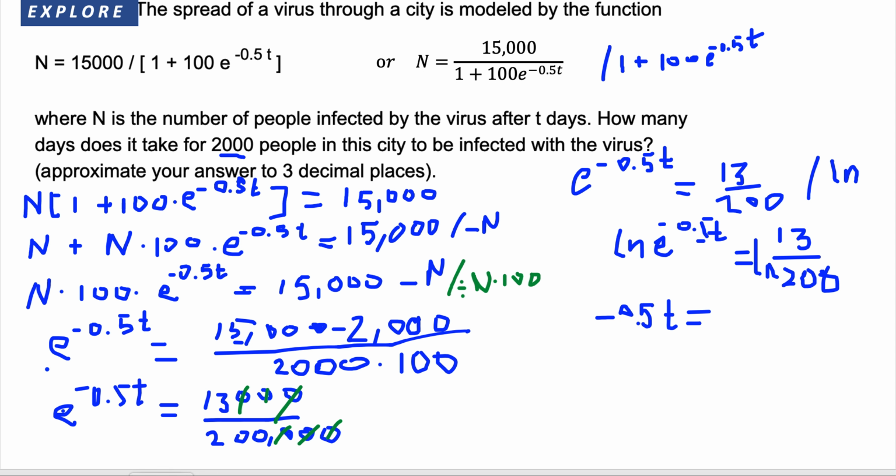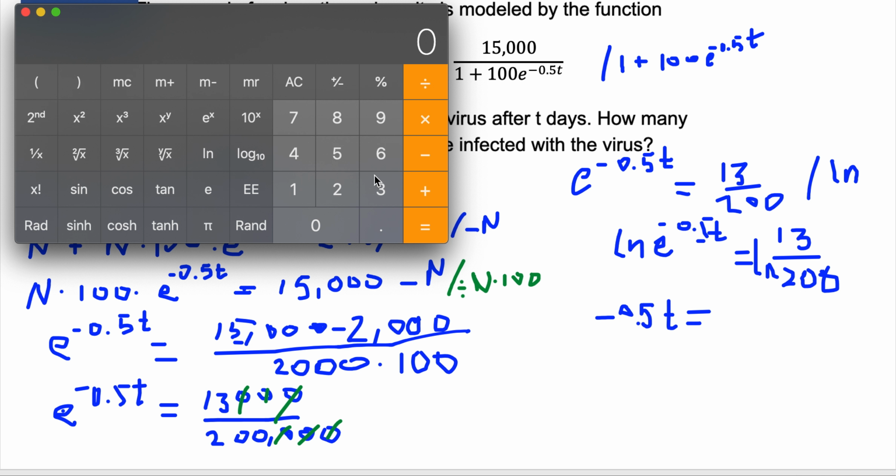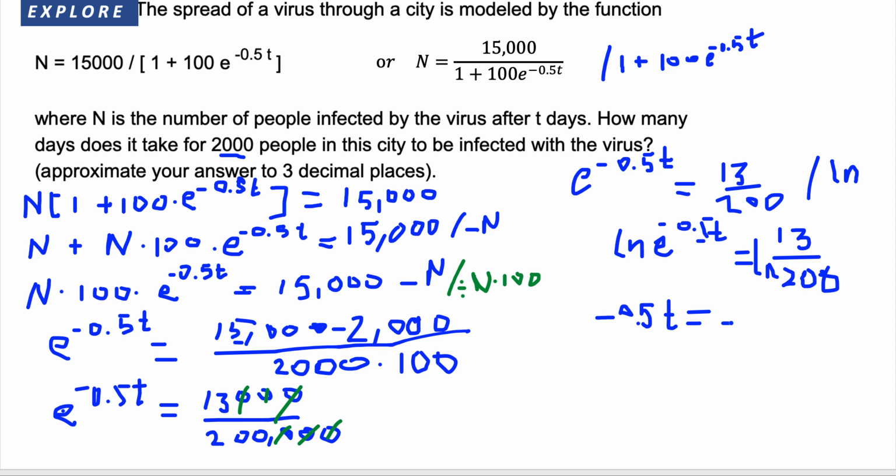This number we can take care of right away and calculate: 13 divided by 200, and we get an ln number which is about negative 2.733. So we take this number and write negative 2.733.